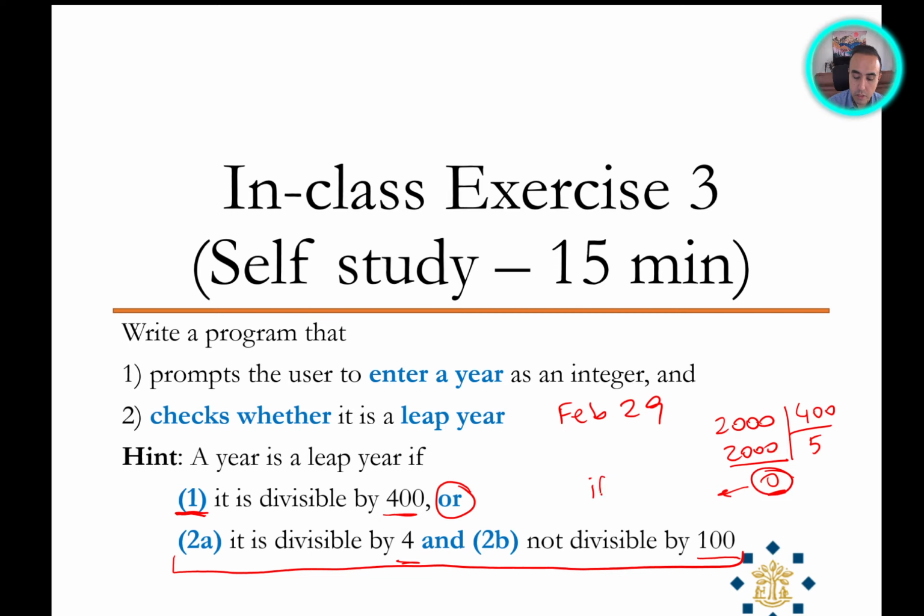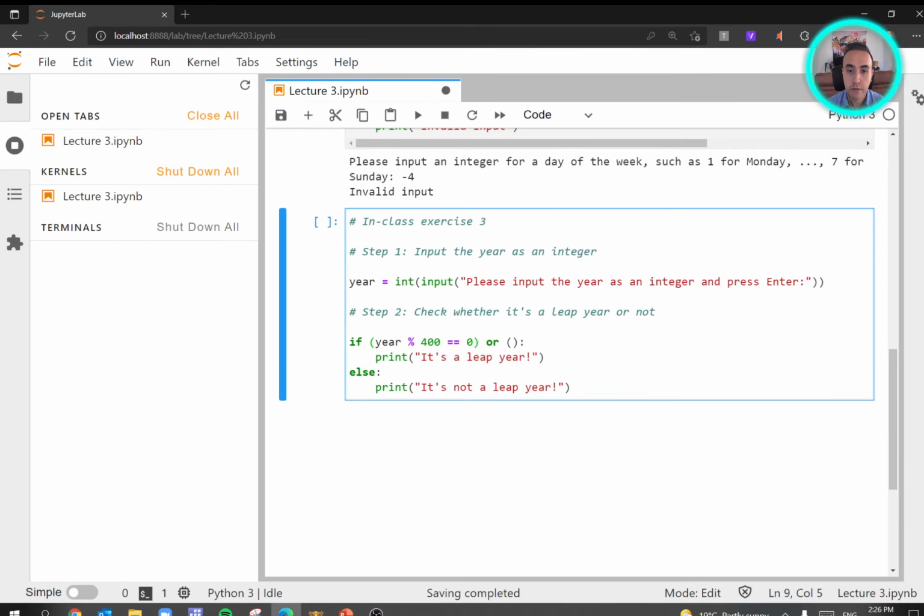If the remainder is 0, then it's called divisible. So we have the remainder by 400 is equal to 0.